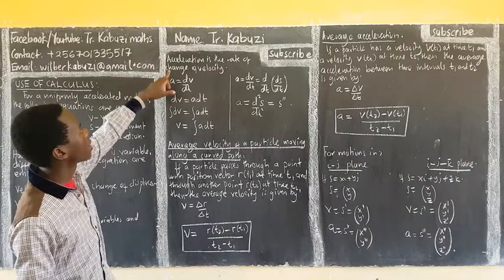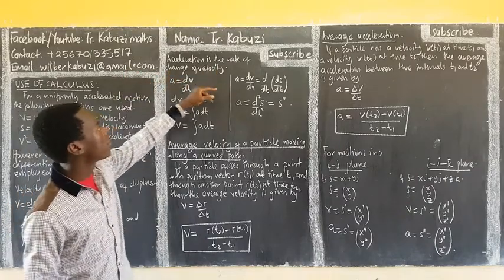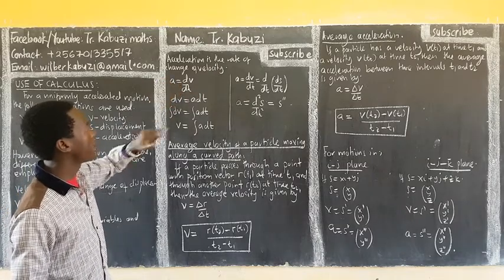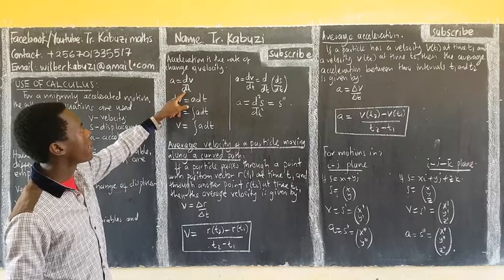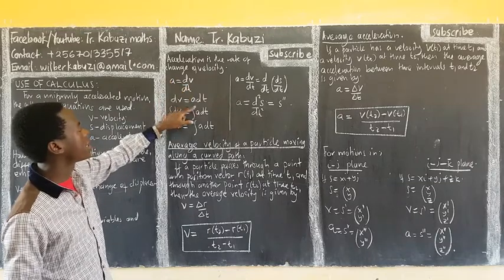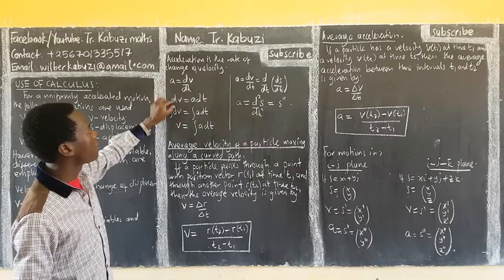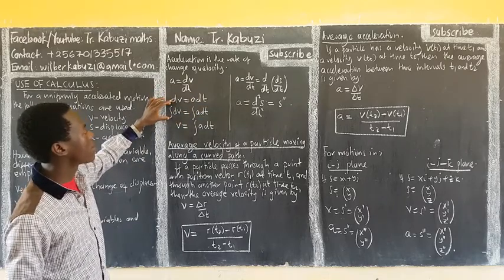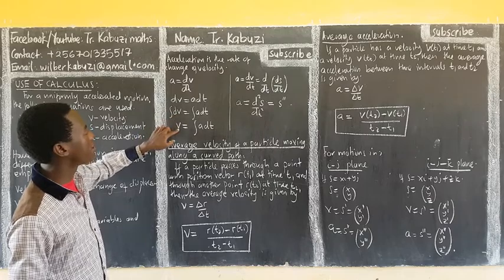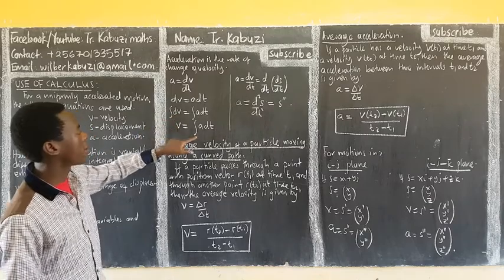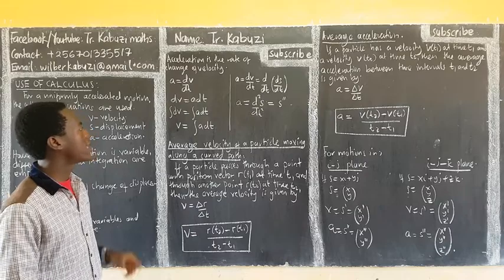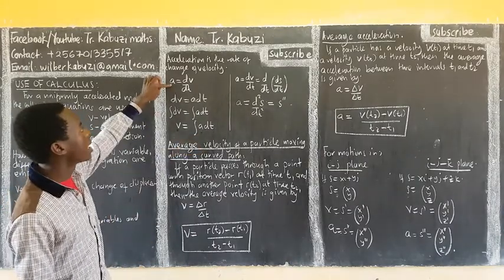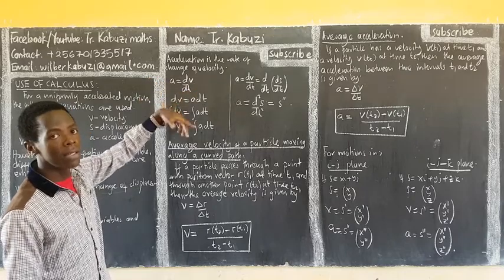Acceleration is the rate of change of velocity. So whenever I differentiate velocity with respect to t, that's what we get. When you separate and integrate both sides, this is what we get. Integrating and differentiating the same function, you are doing nothing to it. So to get velocity, we integrate acceleration, and to get acceleration, we differentiate, because one is the reverse of the other.